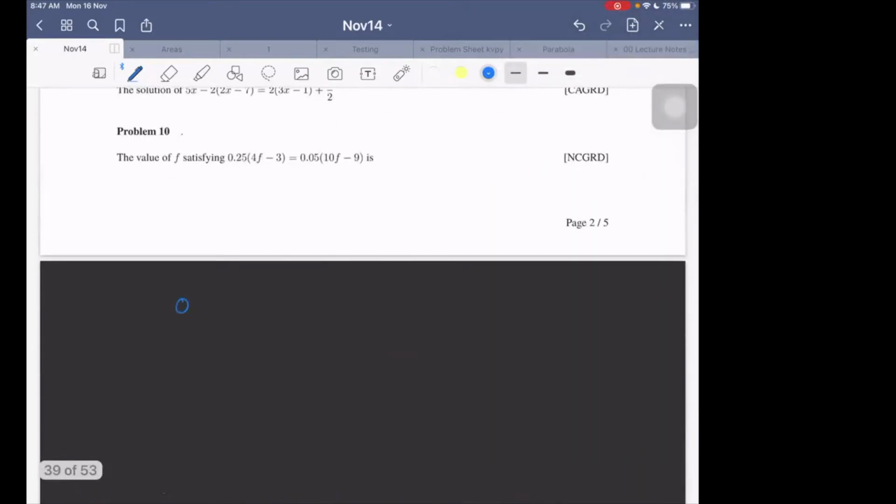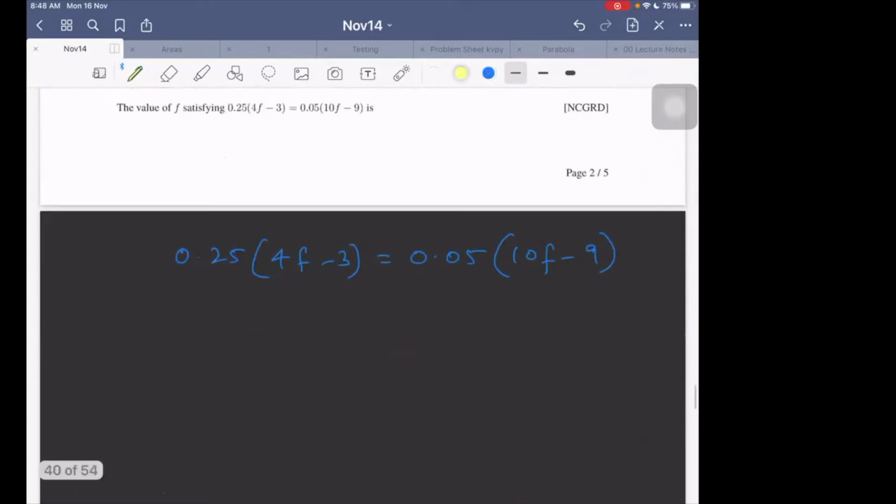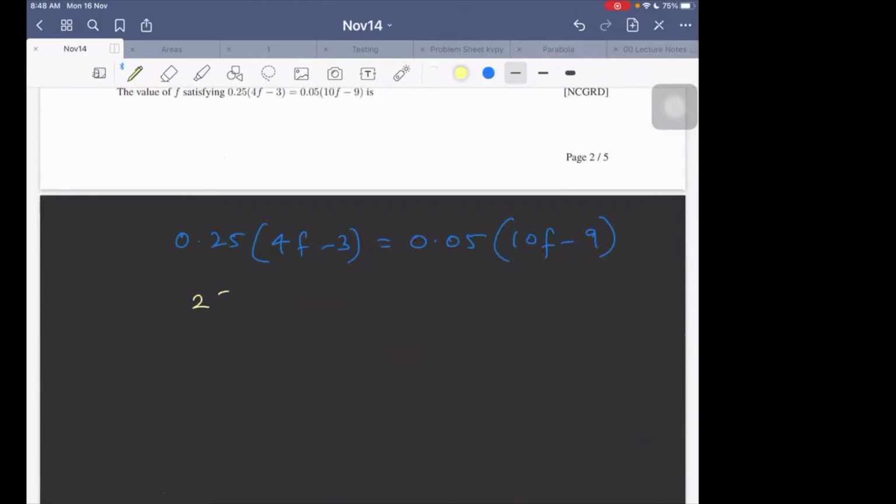See, we have 0.25 into 4f minus 3 is equal to 0.05 into 10f minus 9. So I'm going to write this 0.25 as 25 by 100. And this 0.05, I'm going to write it as 5 divided by 100.